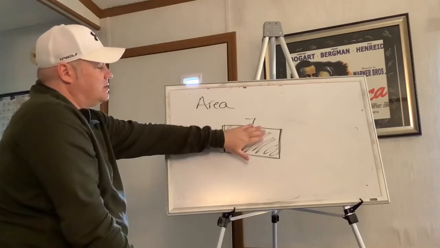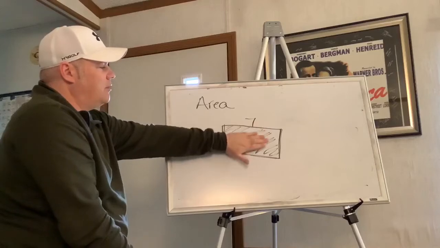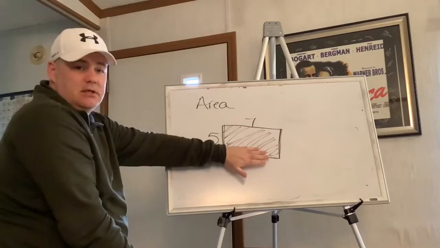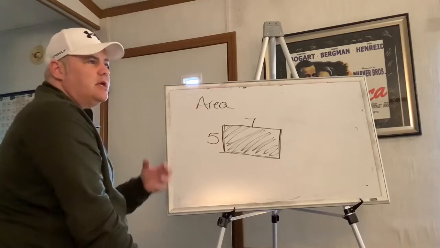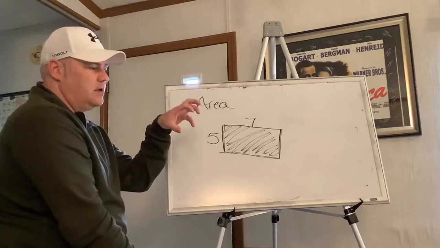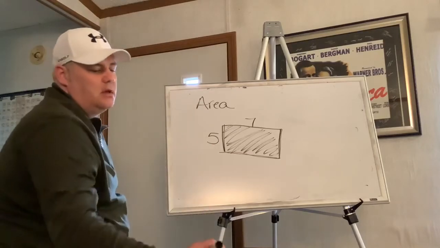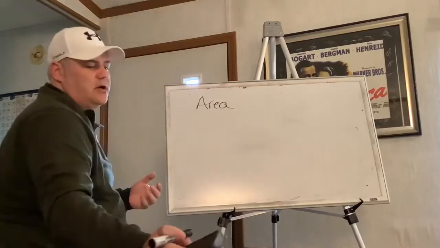But this means just the surface area. So just like if I was going to cover this with paper or paint it, that is what we're talking about. When you get into 3-dimensional shapes in geometry, we work with volume, meaning we can pour something into it. So on this 2-dimensional shape, we have what we call area.